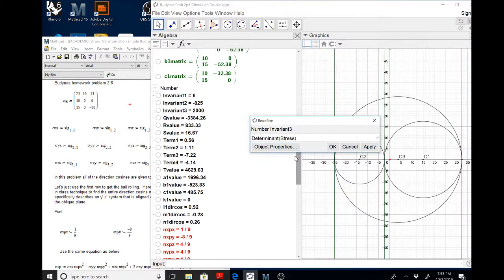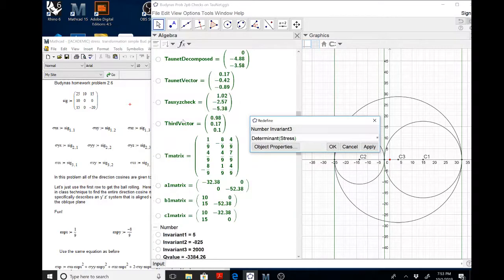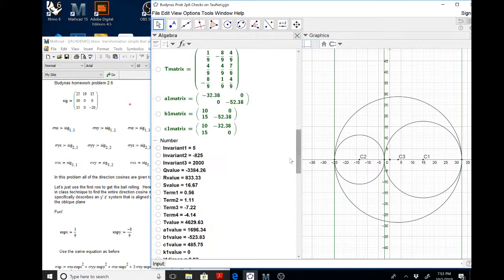So here's another beautiful thing. In MATLAB or in MathCAD or in GeoGebra, we could just say determinant. And we actually don't have to punch out the determinants as we do for these little cofactor matrices. So get that invariant 3.